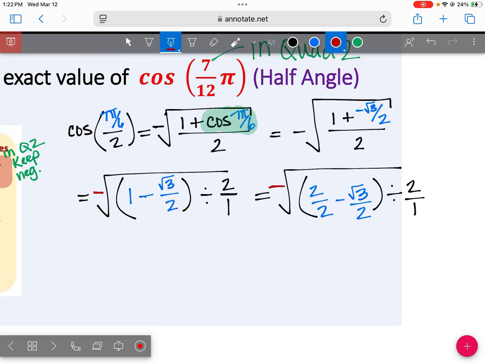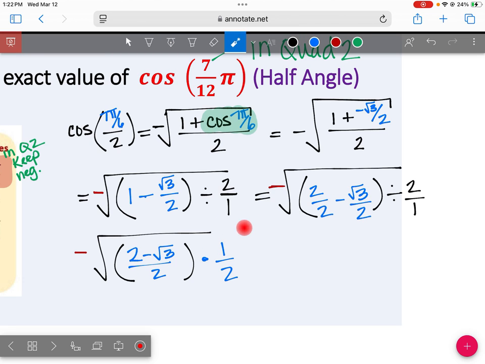Okay, so now we have our common denominator. So the numerator will become 1 fraction, 2 minus root 3 over 2. And then I'm going to do my keep, change, flip. So I'm going to change this, and this becomes a 1 over 2. So from here to here, I did 2 things.